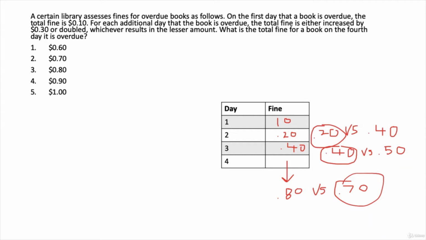Doubling 0.4 gives us 0.8 and adding 0.3 gives us 0.7. Here 0.7 is the lesser amount and hence we put 0.7 as day 4's fine. The correct answer is the second option. These type of questions are very common in the GMAT exam. Do practice these questions from the official guide.